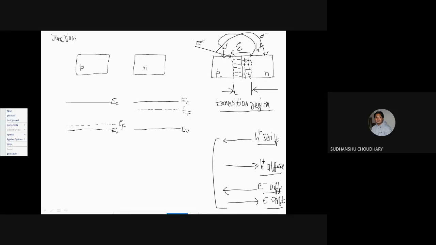That is, the number of electrons crossing this junction due to diffusion is equal to the number of electrons crossing this junction due to drift. Similarly, the hole diffusion balances the hole drift at the junction, so that the equilibrium current is zero and there is no net carrier movement.